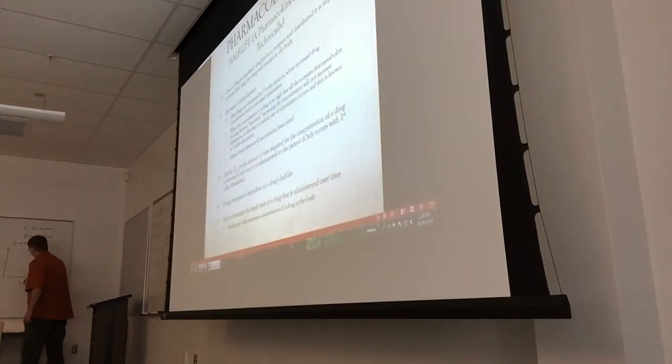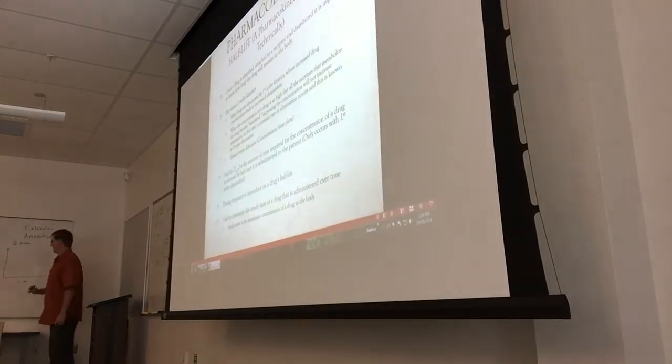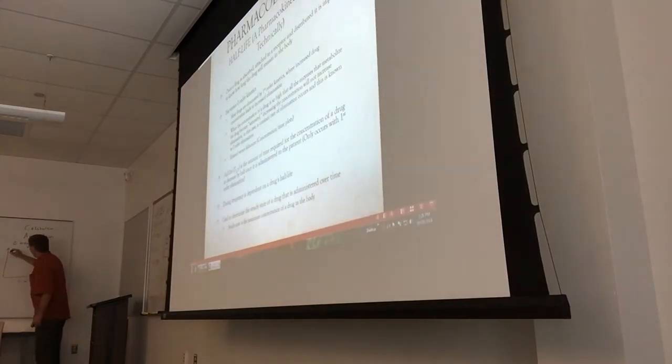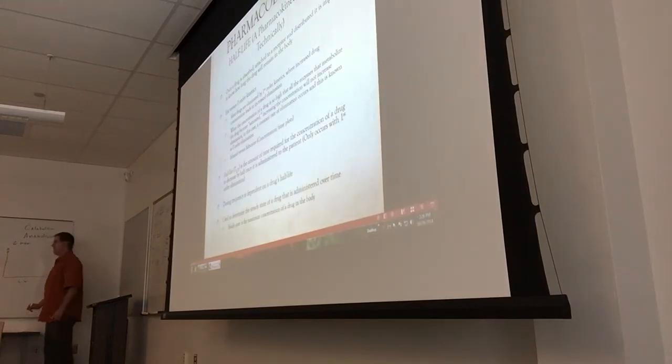Here's time on the x-axis, and here's the concentration of the drug on the y-axis. I start at some high concentration, and then as I metabolize and eliminate that, I have a decrease in concentration over time.